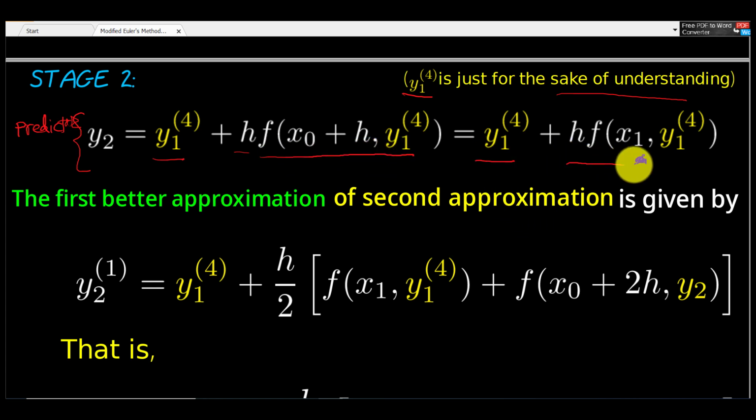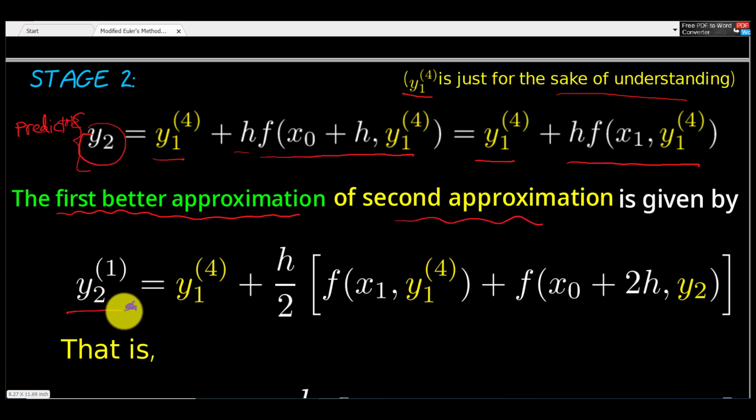Now the first better approximation of this second approximation y2 is given by y21, which is equal to y14 plus h by 2 times f of x1, y14 plus f of x0 plus 2h, y2.